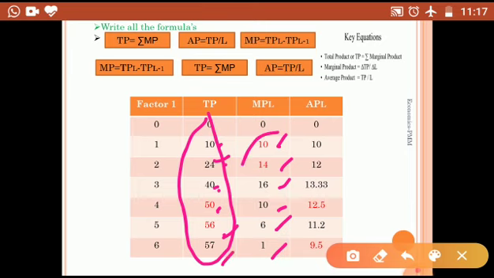So what we have done here, students, is add all the marginal product values, and we get the missing total products.